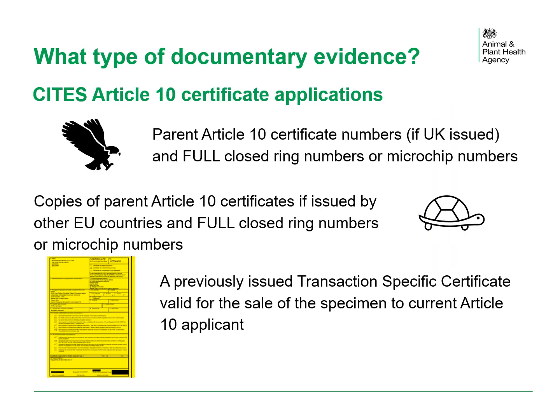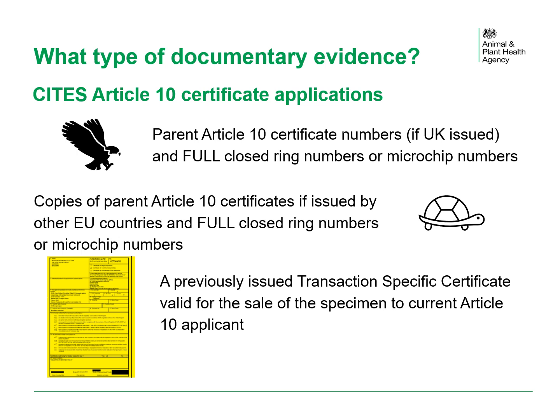If you are applying for a CITES Article 10 certificate, you will need to provide documentary evidence to show that you acquired or bred the specimen you are applying for legally in accordance with the CITES regulations. You will need to provide parent Article 10 certificate numbers, if the A10s were UK issued, and full closed ring numbers or microchip numbers for the parents.